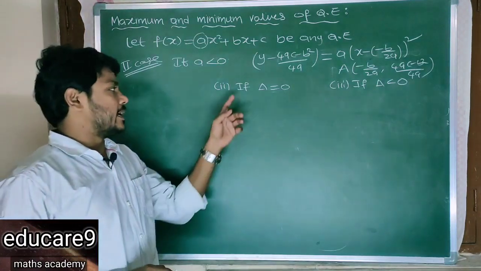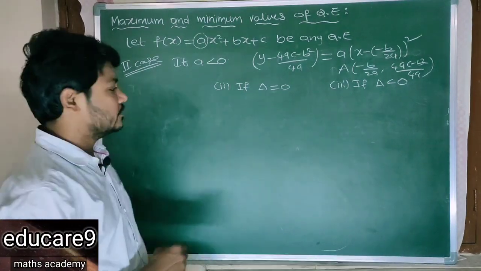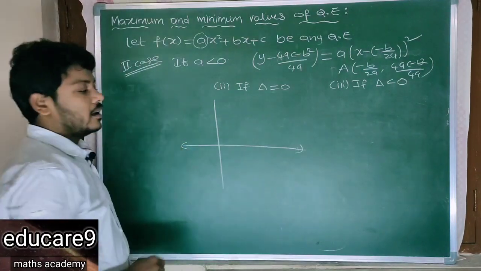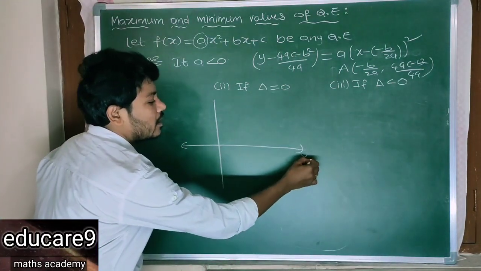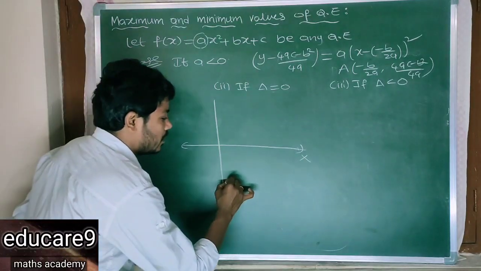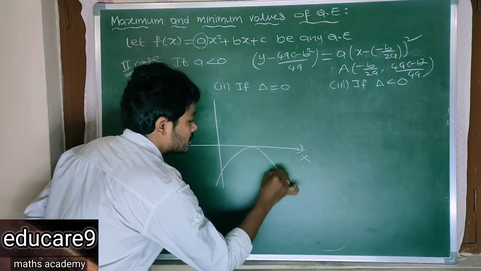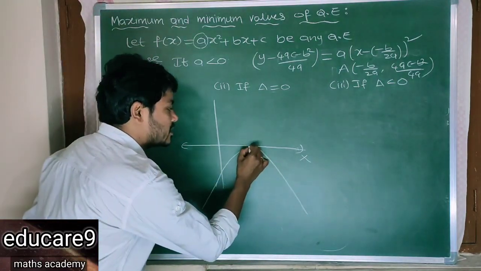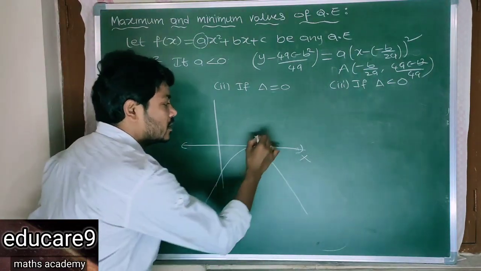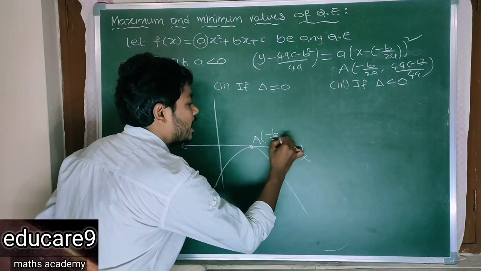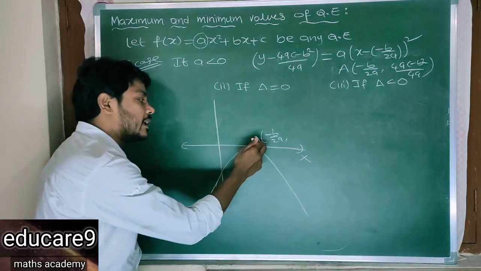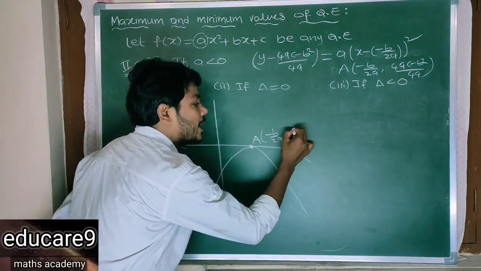And see the second case, if delta is equal to 0, in that case the graph touches the x-axis. So like this, this is the given graph. So this is the vertex of the parabola, that is minus b by 2a comma 4ac minus b square by 4a. But it lies on the x-axis, so the y coordinate is 0.